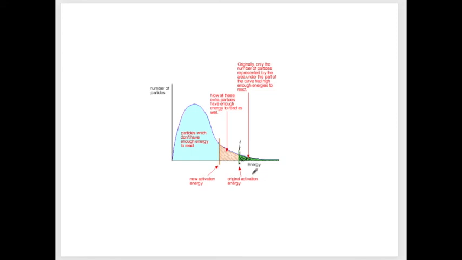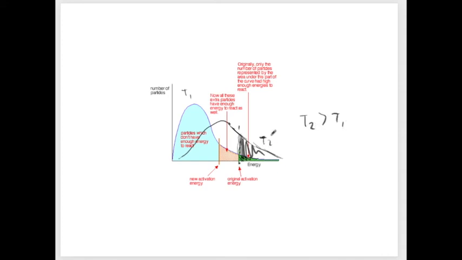We said that one way we could change this whole situation is by increasing the temperature. Increasing the temperature would cause a new curve, which is shifted over to the right and flattened out a little bit. And so there you can see that now we have more particles sufficiently reaching that threshold of energy. So again, T1, T2, T2 is greater than T1.